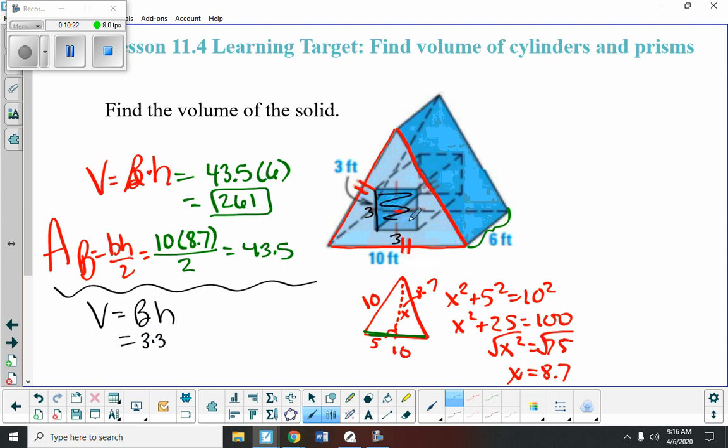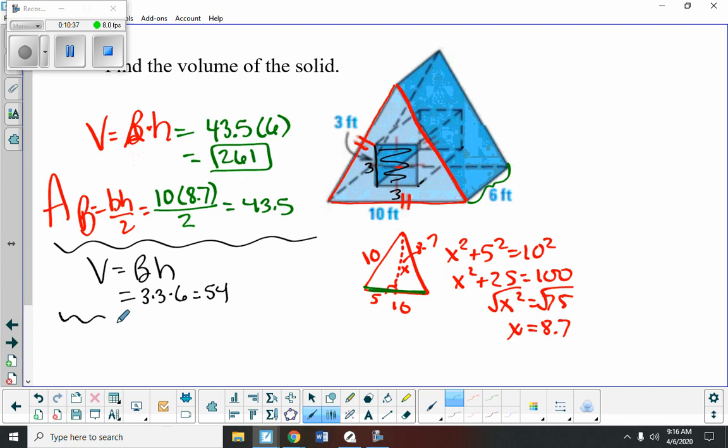Okay, that's the area of this. And then the height is the distance to the other side, which would be 6. And that would be 54. All right, so that is the volume of the rectangular prism.